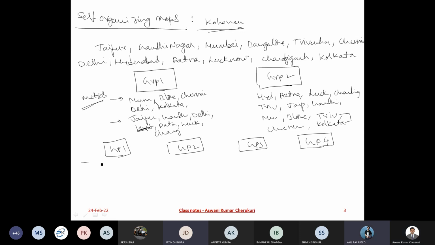In group 1 you write Chennai, Chandigarh, Delhi, and Hyderabad. Bangalore also, yes, sir. In second, we can write Kolkata, Lucknow and Jaipur. And Mumbai also.